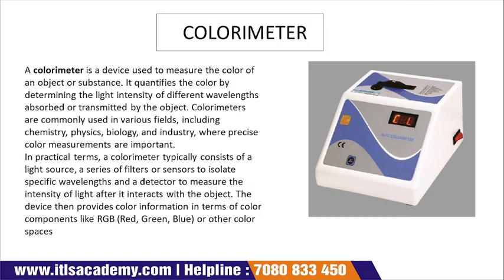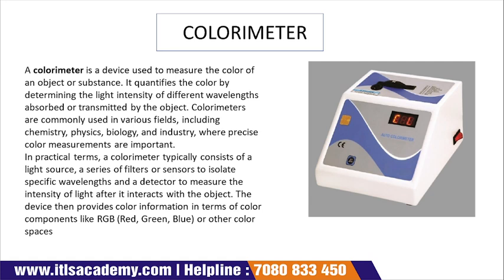Now the colorimeter. Colorimeter is used for the measurement of the wavelength absorbed or transmitted by an object. Colorimeter is basically used in various fields like chemistry, physics, biology, and industry.